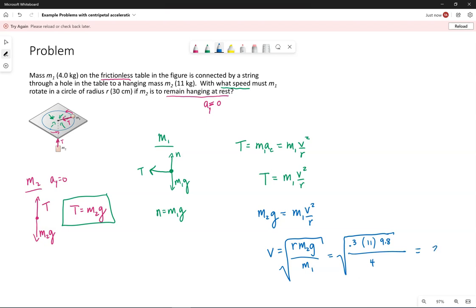I'm getting 2.8 meters per second. That's how fast the mass on the table needs to be moving in that circle in order to keep that heavier mass hanging at rest.